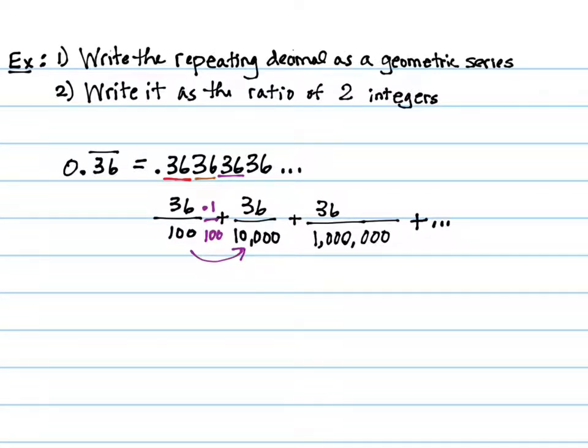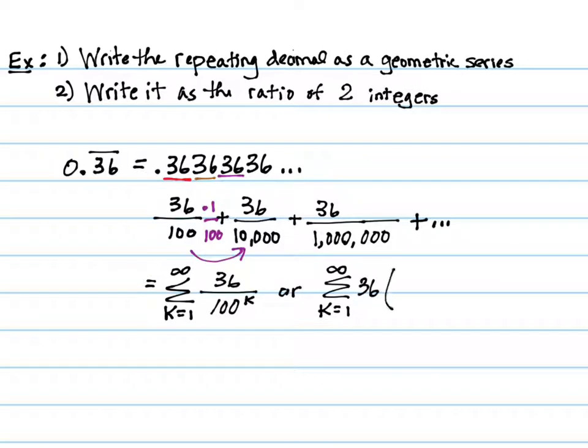So written as a series, this would be the summation from k equal 1, or you can use n if you wish, k equal 1 to infinity. The 36 stays the same, and the denominator is 100 to the k. Or alternately, you could write this as the summation from k equal 1 to infinity of 36 times 1 over 100 to the k if you prefer.